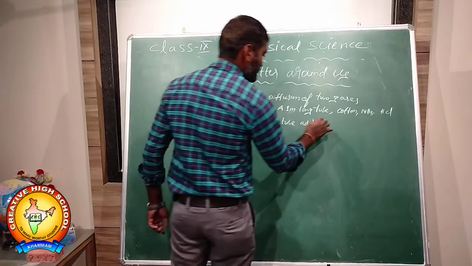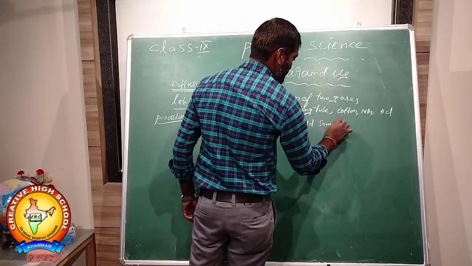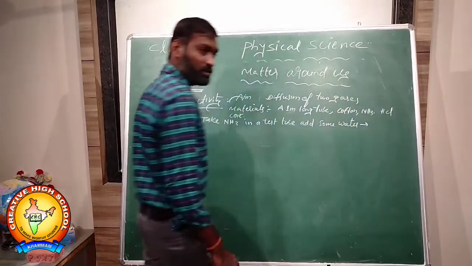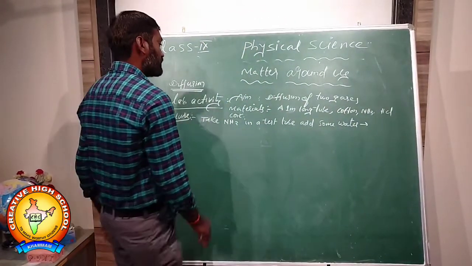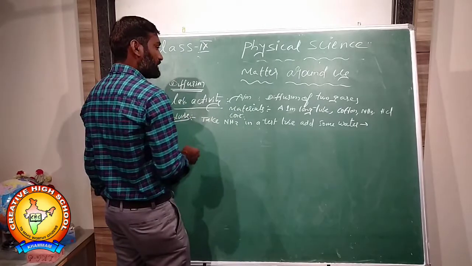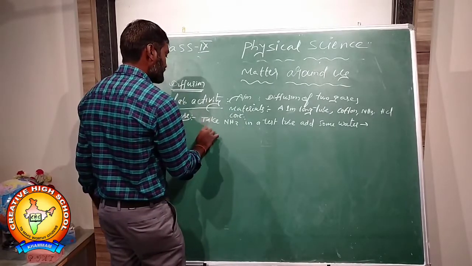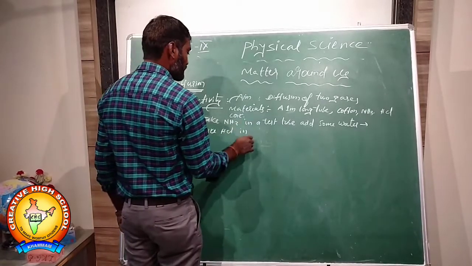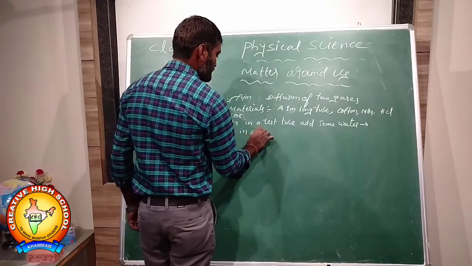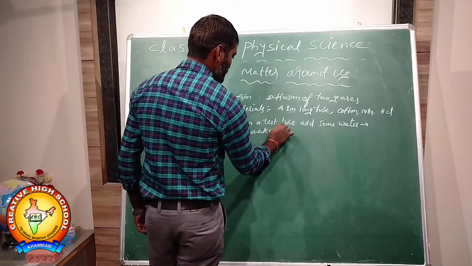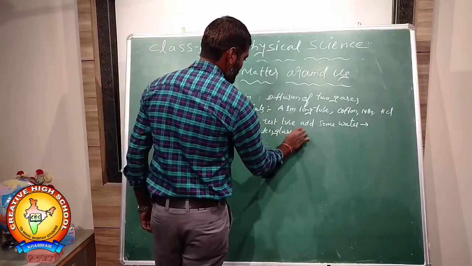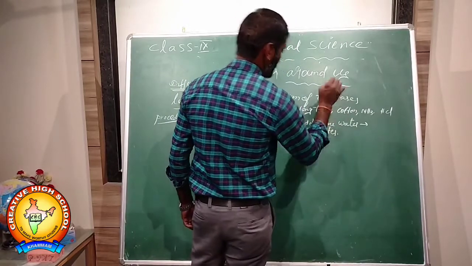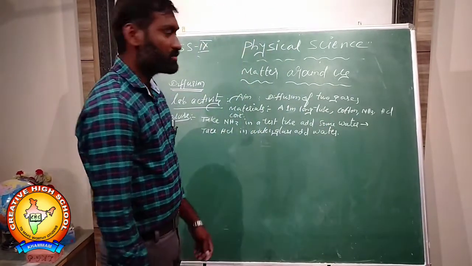Add some water to it. Why should we add water? To dilute. Next, take HCl in a watch glass. Add water to it to dilute. Don't take a strong one, so you should add water to dilute.